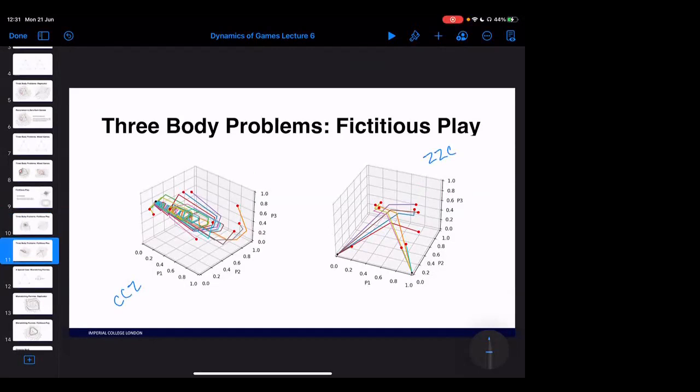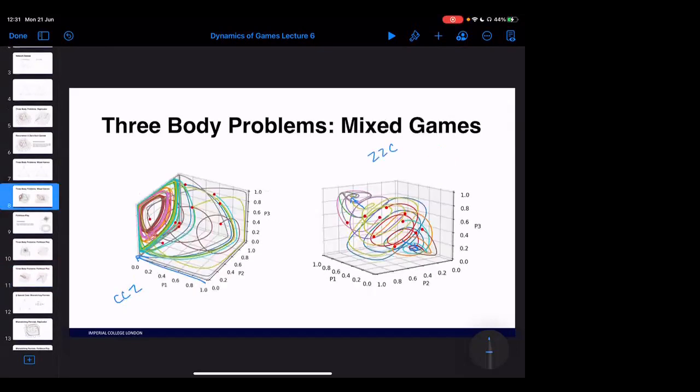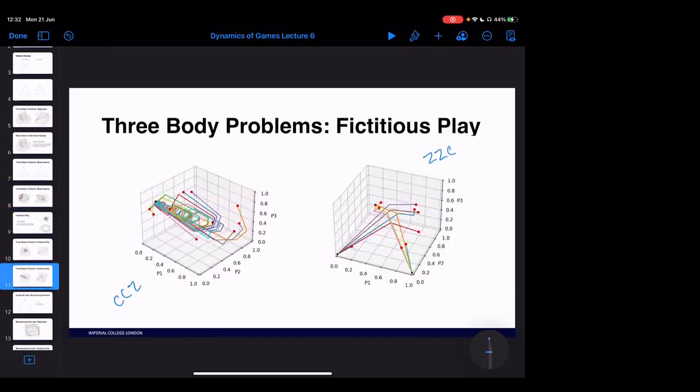But if we remember back to replicator, we saw that the agents move towards the zero-sum component and then just cycle around as you'd expect, right? Whereas fictitious play does the exact same motion back to the zero-sum plane, if you will.